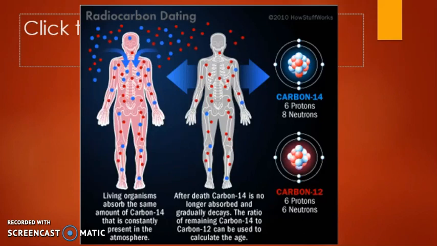This is a representation of that carbon-14. So living organisms absorb the same amount of carbon-14 that is constantly present in the atmosphere. After death, carbon-14 is no longer absorbed and gradually decays, which means breaks down. The ratio of remaining carbon-14 to carbon-12 can be used to calculate the age.